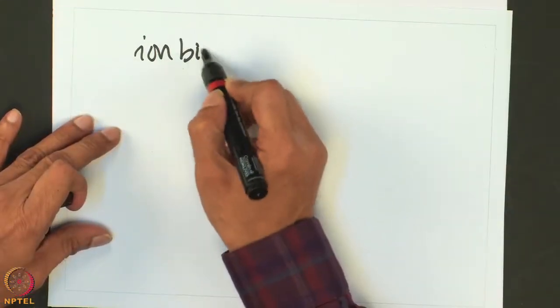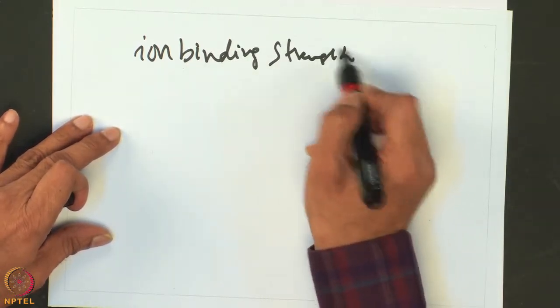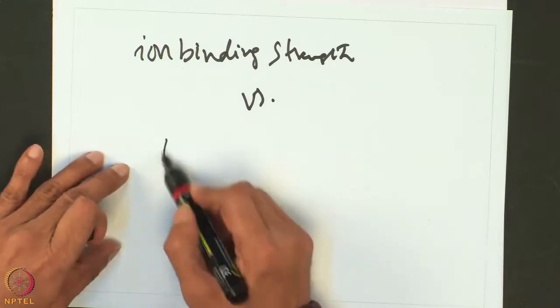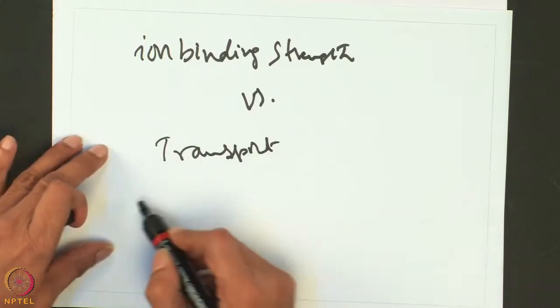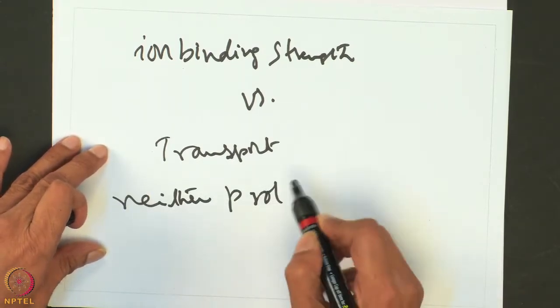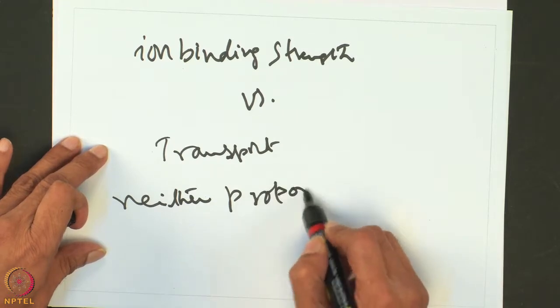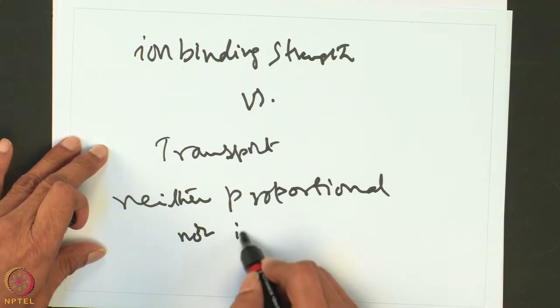In the next stage we have looked at ion binding strengths versus transport. It is neither proportional nor inversely proportional.